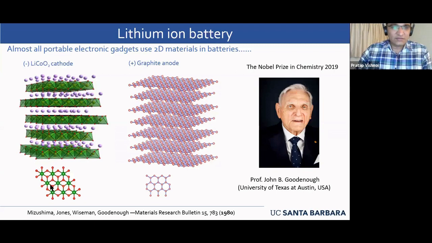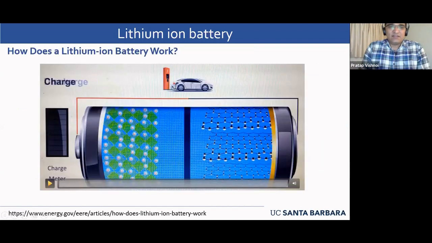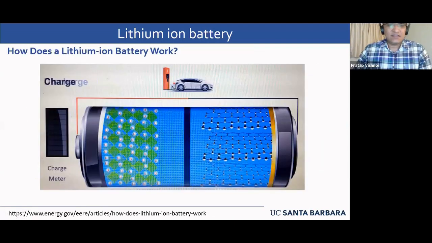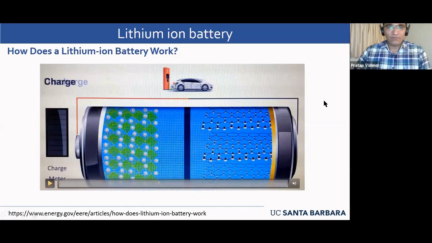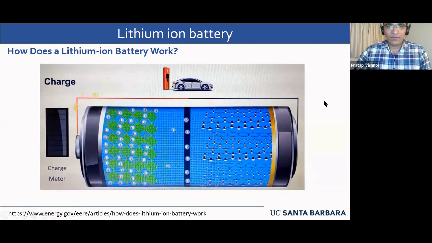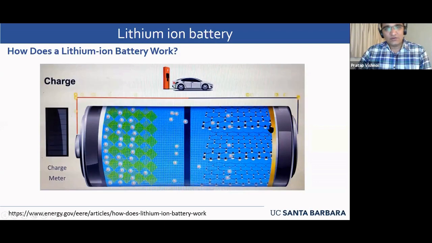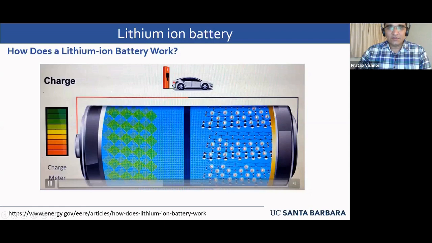I want to flash this video. The current picture is of a discharged battery, the freshly made battery. When you make a battery, it's discharged. This is the rest phase, no energy in that. And let us see when it charges. Lithium ions are moving away from lithium cobalt oxide to the anode.